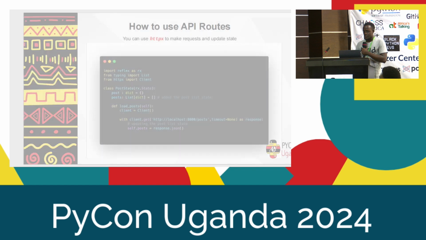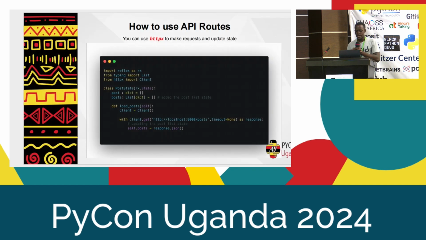So how do you consume API routes? Reflex comes with HTTPX installed, so you can use HTTPX to create requests and access different API endpoints that may be in your app or outside your app. In this case, we created the client object, and that client object is making a GET request to our backend on localhost:8000/posts, with timeout equals None.